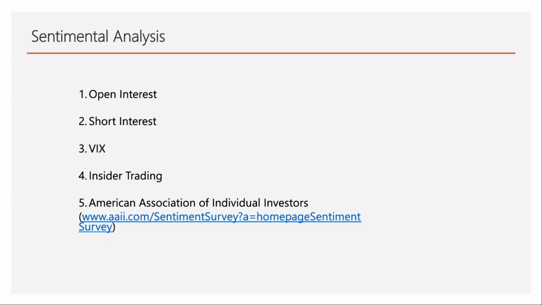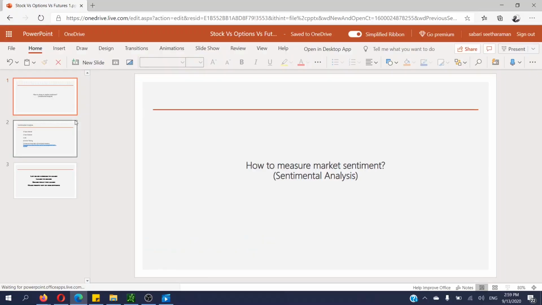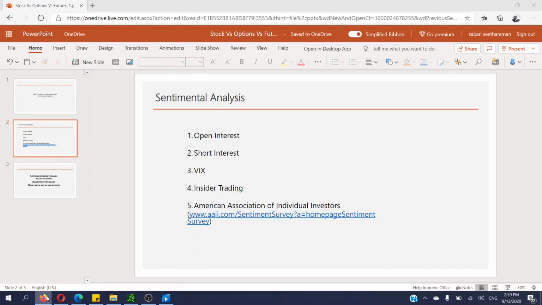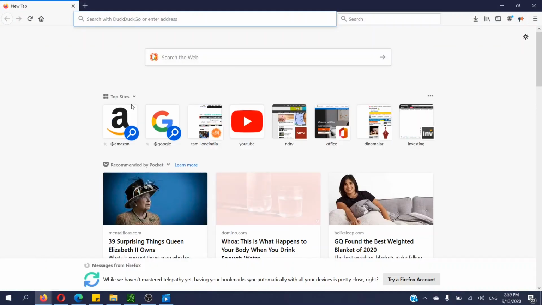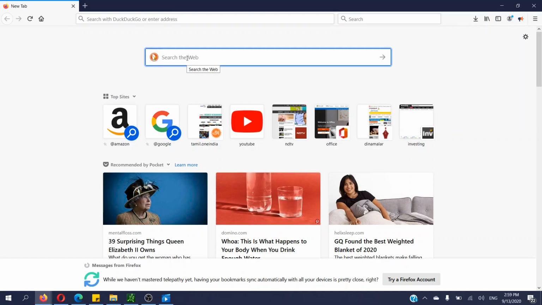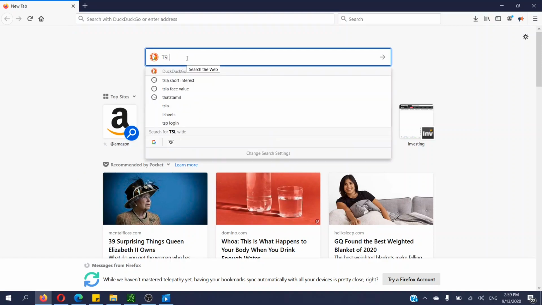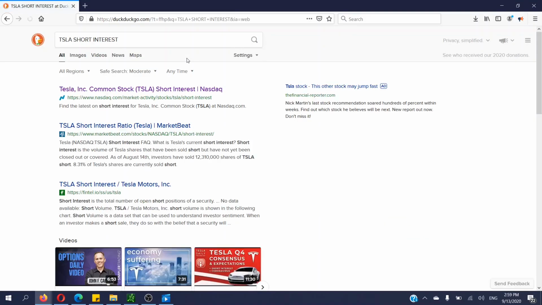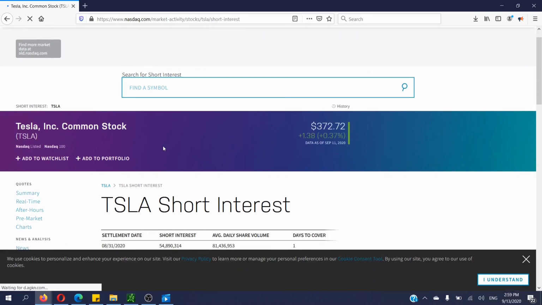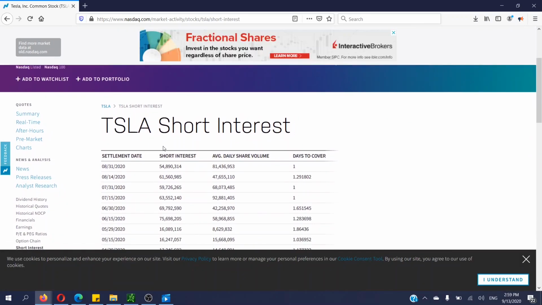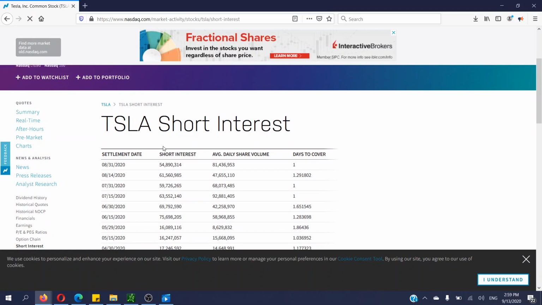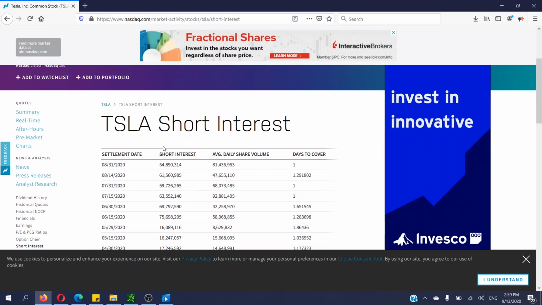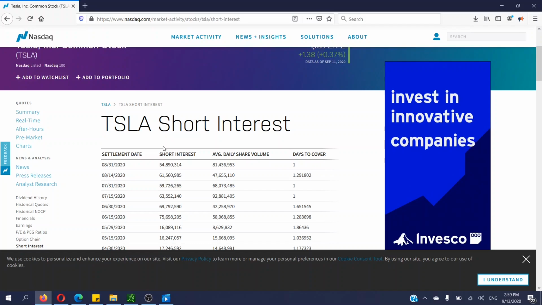How to identify or figure out the short interest of a particular stock? Let's go to Google. I want to find the short interest of Tesla stock, so I type Tesla short. So here I get the short interest for Tesla stock. Every 15 days, brokers are obligated to share the short interest details with the exchange.